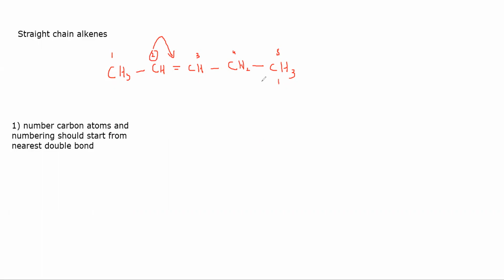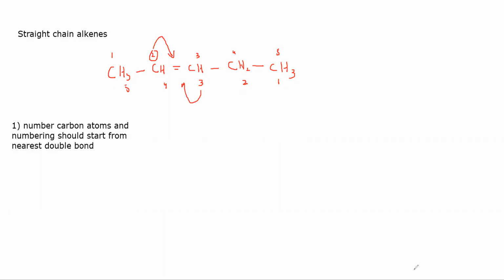If I number from the right hand side, 1, 2, 3, 4, 5. Which position is the double bond at? Third. Between 3 and 4, the double bond. So the position of our double bond is third. So which one should I follow, left to right or right to left?